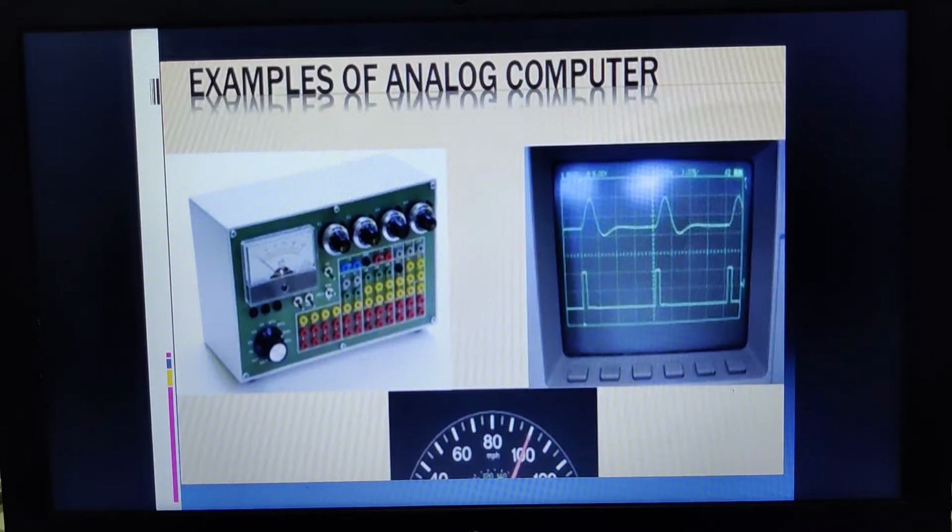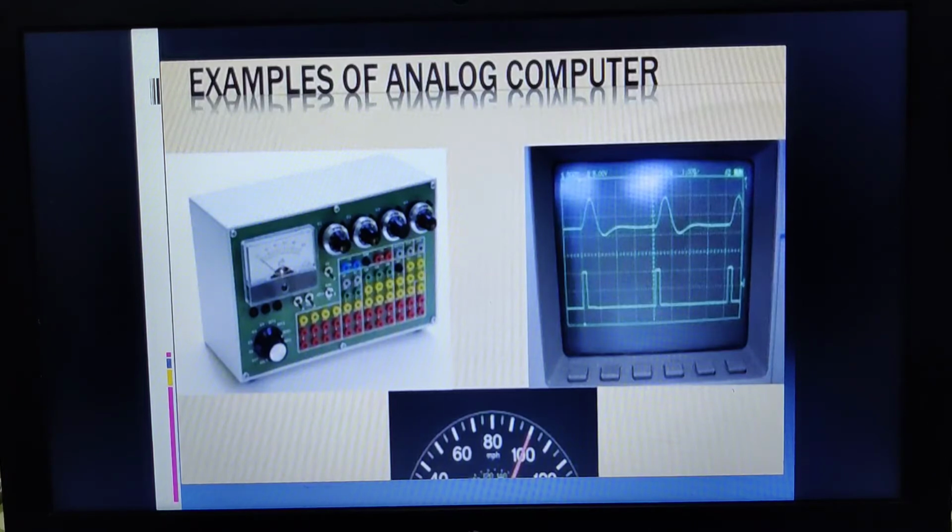And electronic analog computers, where can we find these? They are in chemical plants for monitoring temperature, pressure, and voltage. You can find such computers in scientific and industrial applications, like nuclear power plants and industrial chemical processes, where manufacturing takes place, or in ice factories and food factories where you need to maintain a certain temperature.